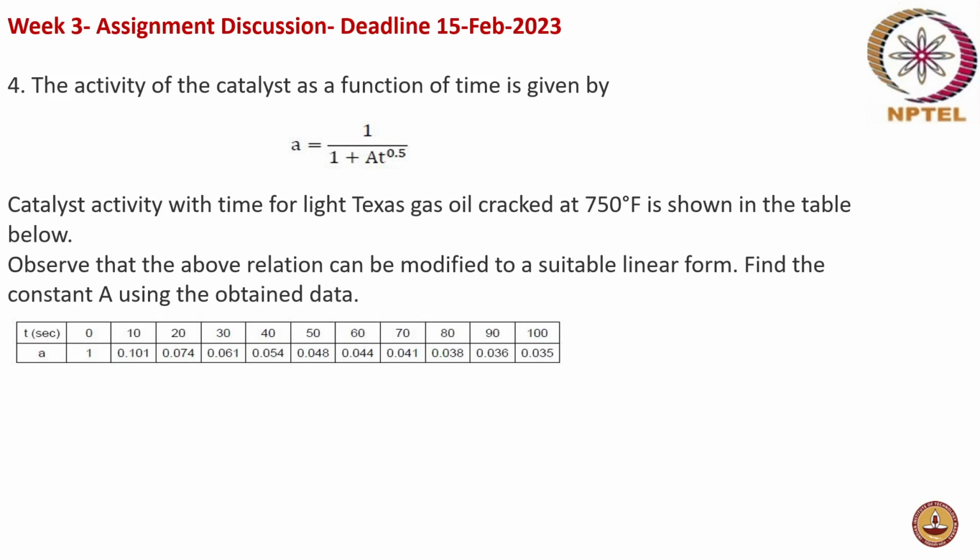Observe that the above relation can be modified to a suitable linear form, and find the constant a using the obtained data. So we have to linearize this expression and then use these data. Once we linearize, we can plot the given data and then find out the value of a. So how will you linearize the above expression?